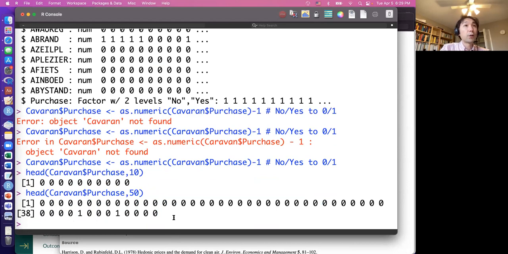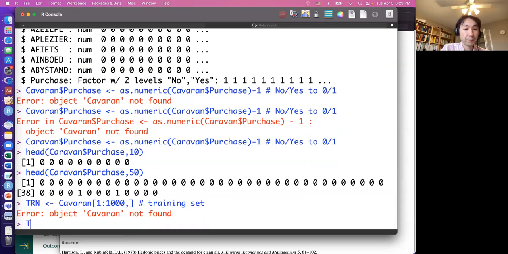Then we set the training set and the test set. We set the training set as the first 1,000 observations. So it seems this is already randomized. The textbook mentioned that we can just make the first 1,000 observations the training set. Usually randomization is recommended.